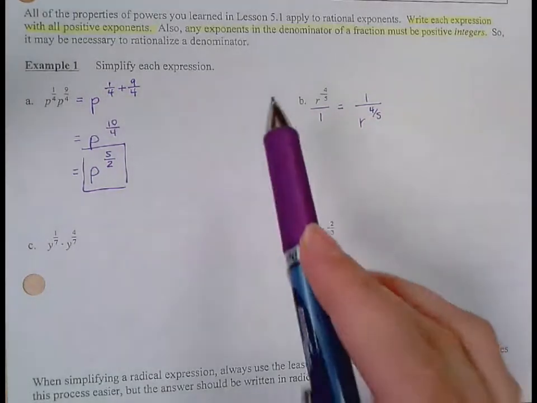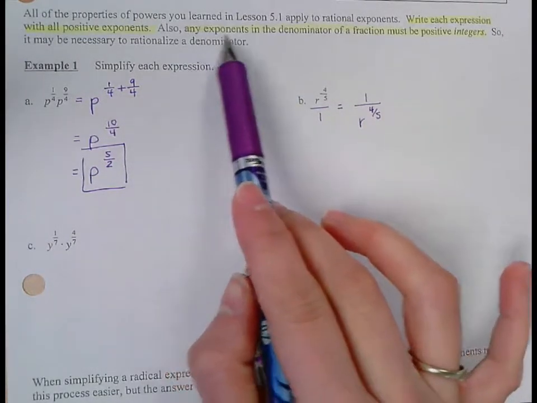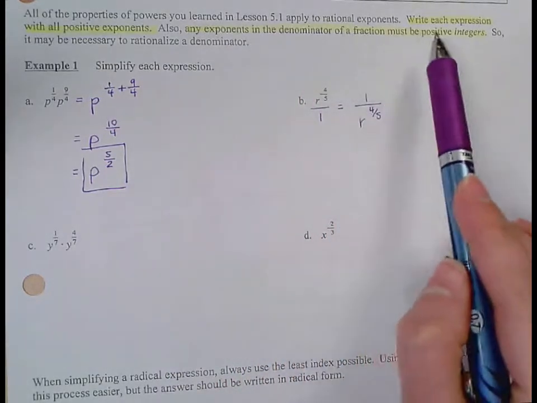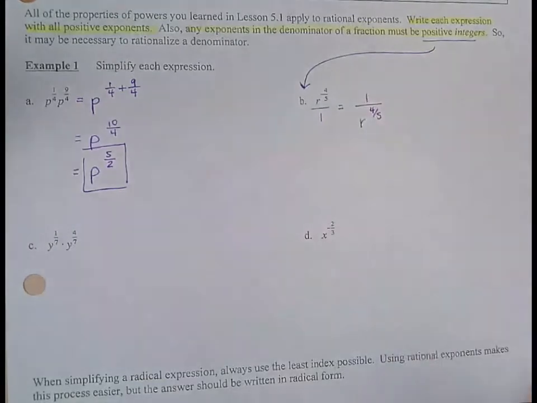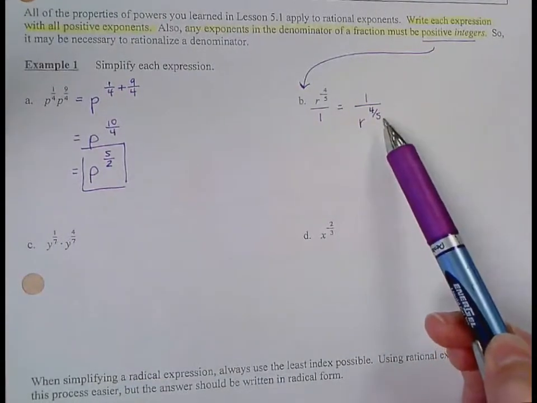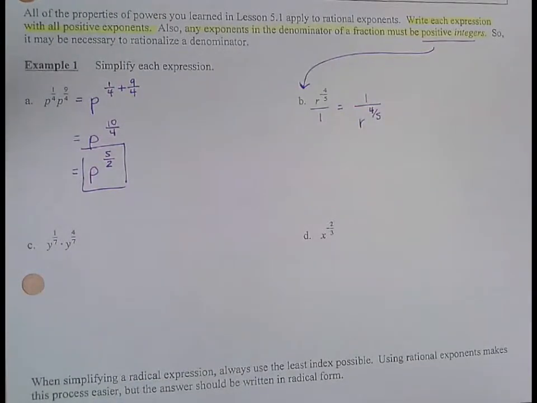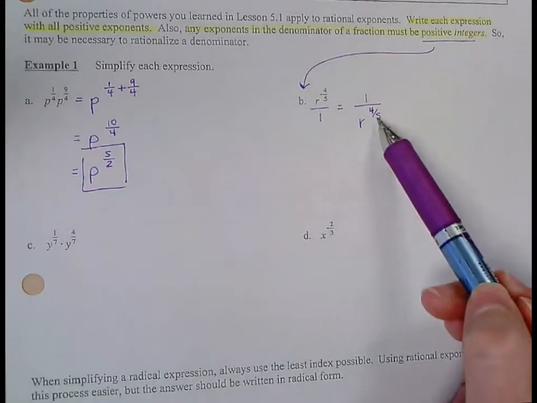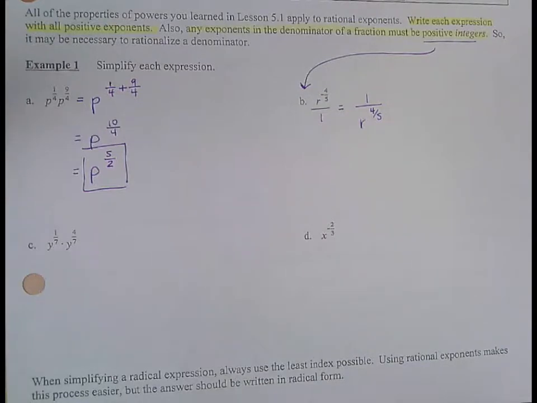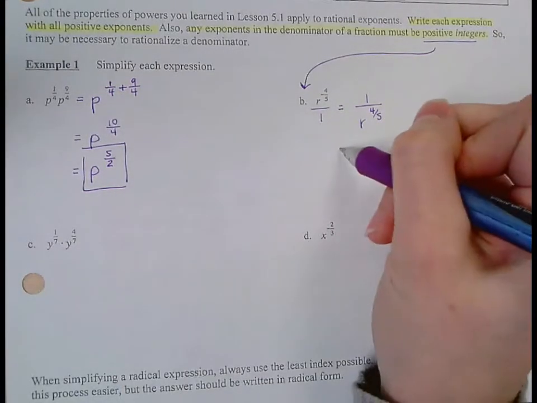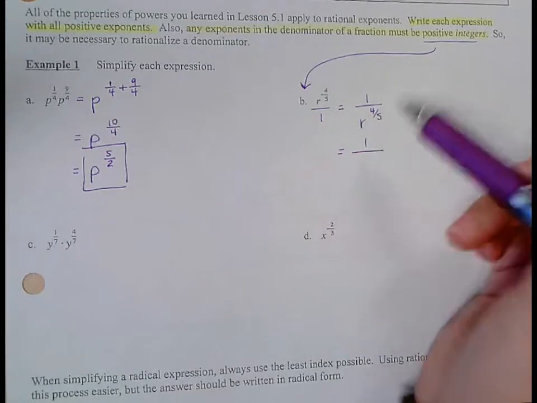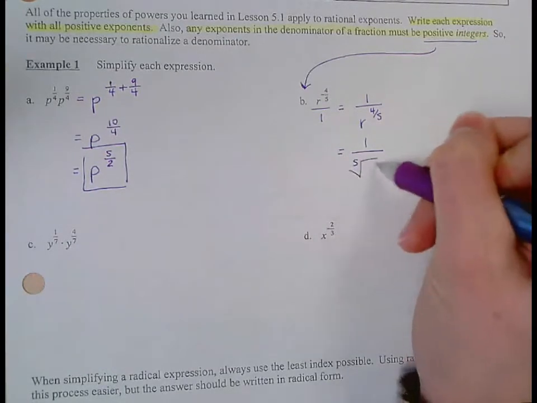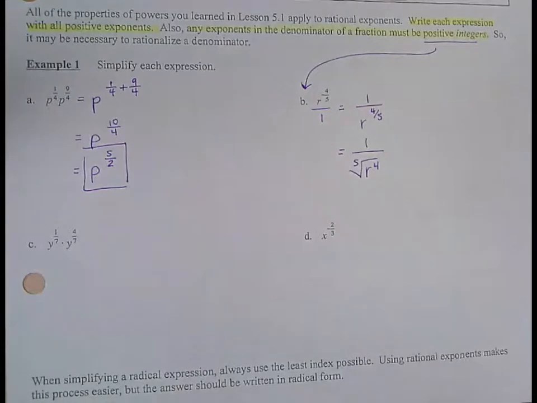Now, up above, when it said any exponents in the denominator of a fraction must be positive integers, that applies to this example. Because right now, the exponent in the denominator is positive, but it is a fraction. It is not an integer. So I want you to understand why we have to rationalize the denominator in this case. If you remember from yesterday, r to the 4/5 means the 5th root of r to the 4th power.